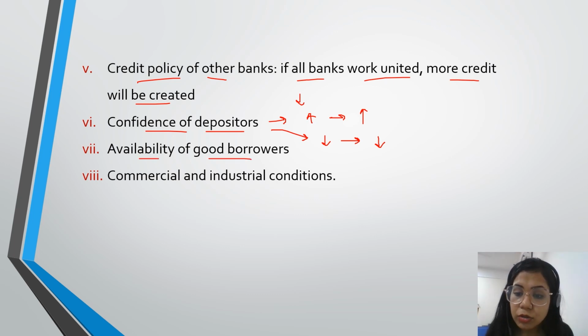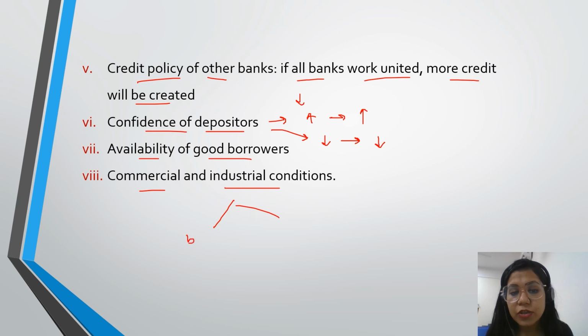Good borrowers are the ones who give back their loans timely. If there are good borrowers available, then banks will be ready to give more loans and the credit creation capacity will increase.